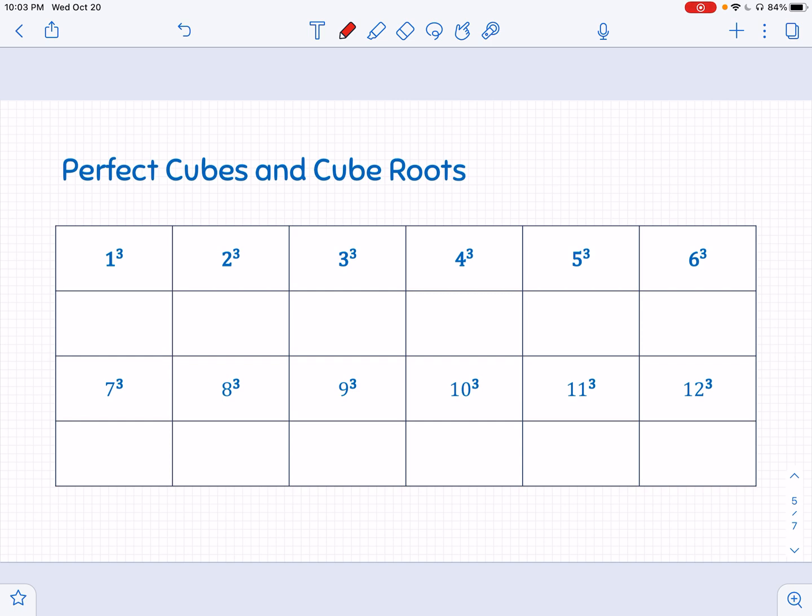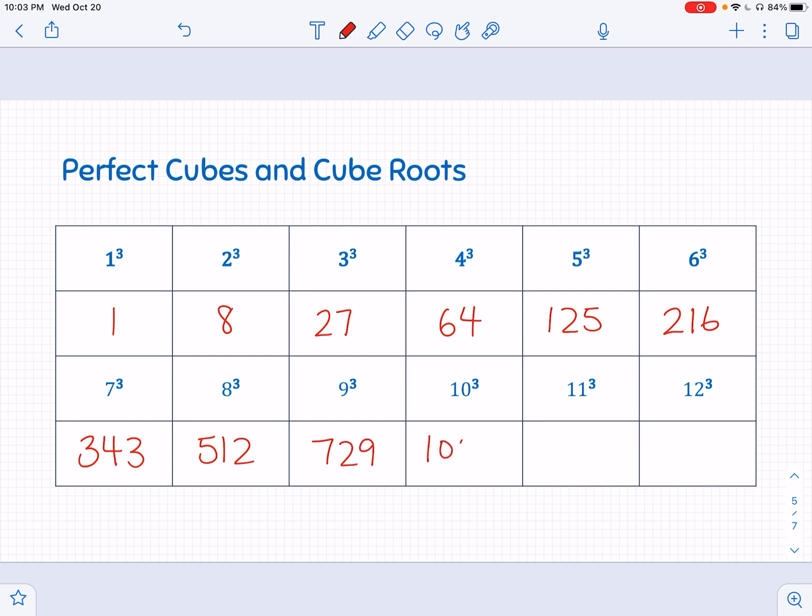So 1 cubed is 1, 2 cubed is 8, 3 cubed is 27, 4 cubed is 64, 5 cubed is 125, 6 cubed is 216, 7 cubed is 343, 8 cubed is 512, 9 cubed is 729, 10 cubed is 1,000, 11 cubed is 1,331, and 12 cubed is 1,728.